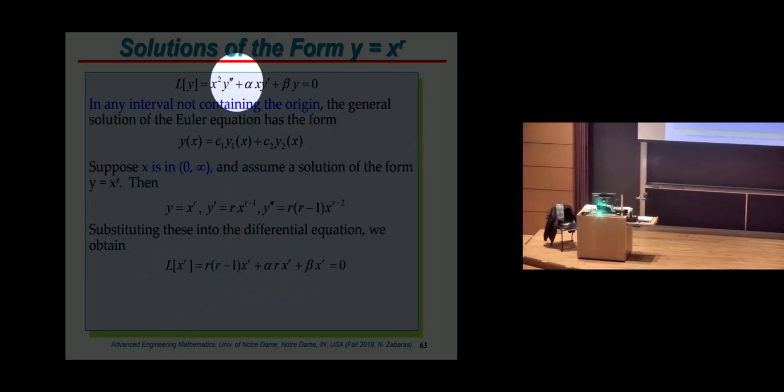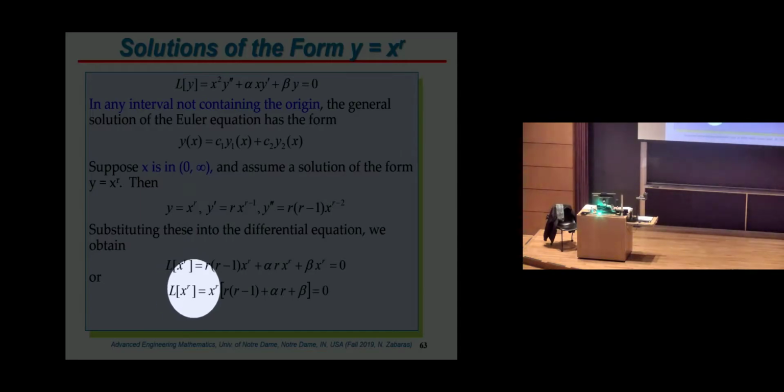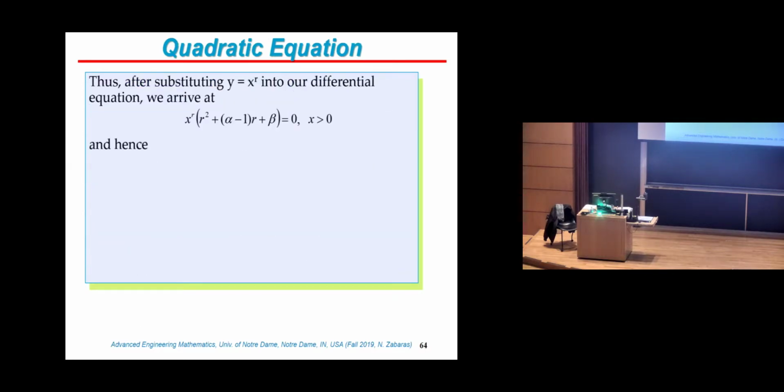L is like the operator, x squared times second derivative plus alpha x times first derivative plus beta. Okay, so that is the operator L, but effectively when you plug in everything, you can immediately see you get a quadratic polynomial in r, all right, that has two solutions. All right, so for this to be equal to 0, this quadratic polynomial has to be equal to 0. And if you solve this, these are the two solutions.